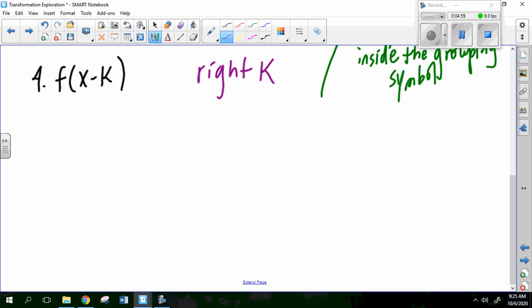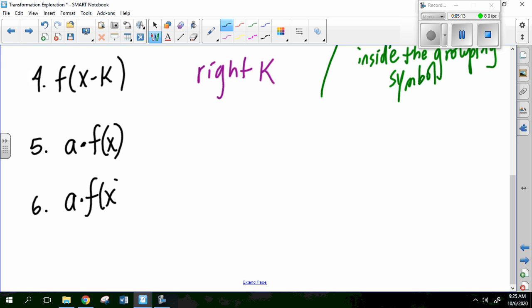Now, for the next two, we're just going to write that f of x is multiplied by some number, we'll call it a. Sometimes it made it skinnier and sometimes it made it wider. That's why I'm writing it as two separate pieces.